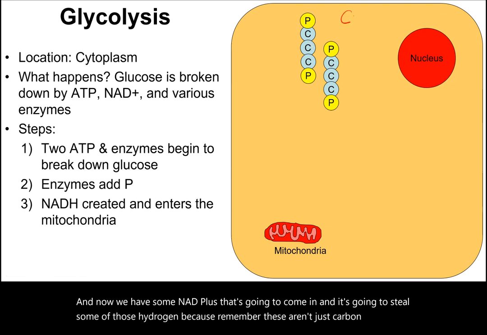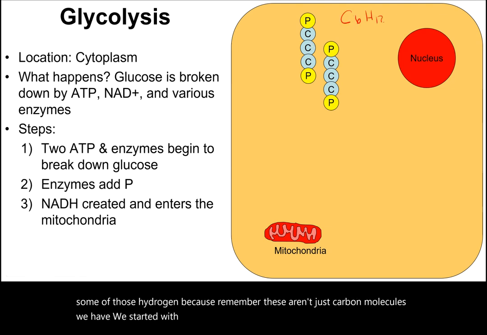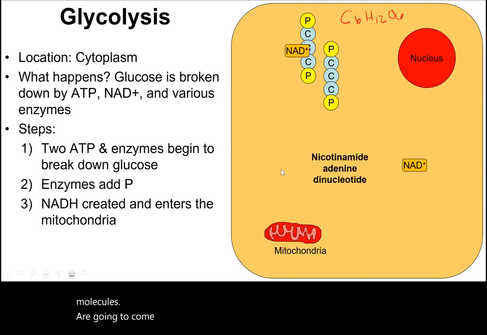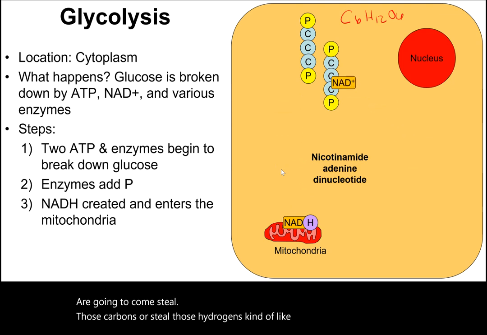We started with C6H12O6, right? You can see the carbons, but you can't see the hydrogens. They're hiding in there. So these NAD molecules are going to come steal those hydrogens, kind of like stealing cookies from the cookie jar.